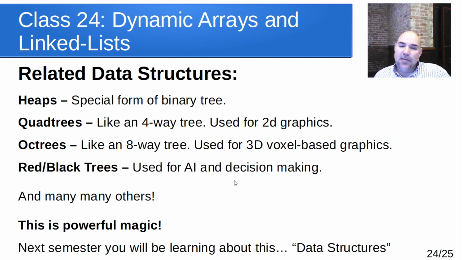Basically, you assign alternating signs to the different levels of the tree. So it's like my move, and then their move, and my move, and their move, and then you come up with which path in that tree is the best decision for playing some sort of game. And there are a whole lot of other data structures out there as well.